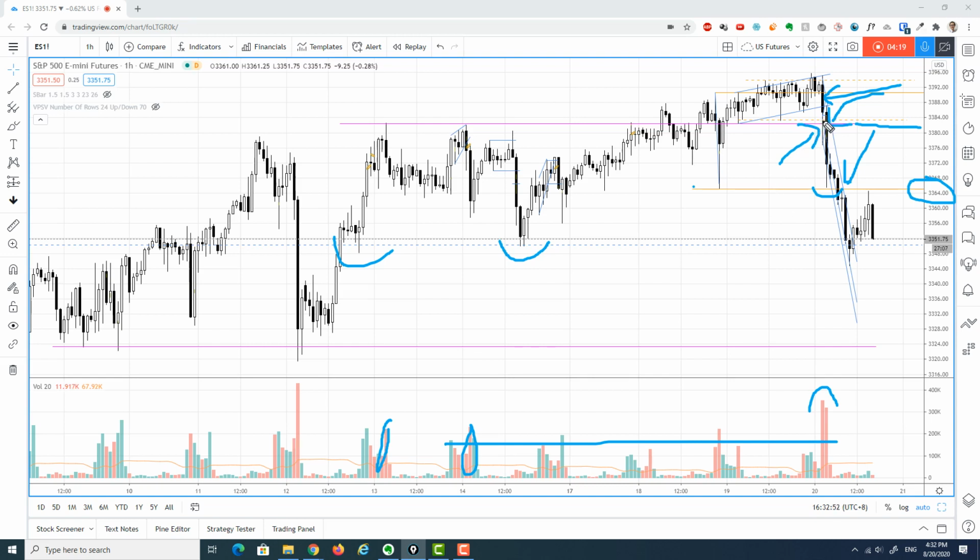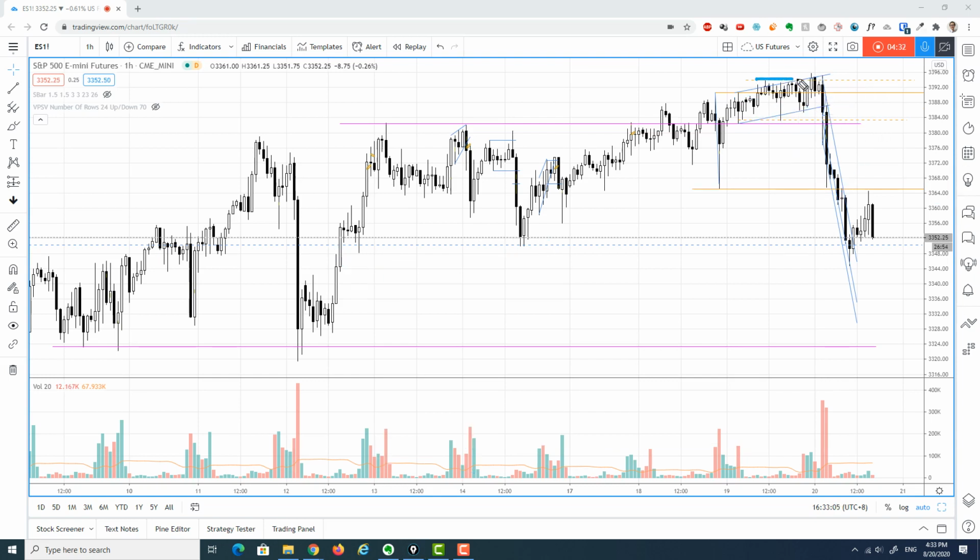Before the US session, we have seen that the S&P 500 just consolidated within the upsloping trading range here. Or else, I think you can just use this horizontal trading range as well. So it consolidated in a very tight range and was waiting for the Fed minutes to come out at around 2 a.m. yesterday.